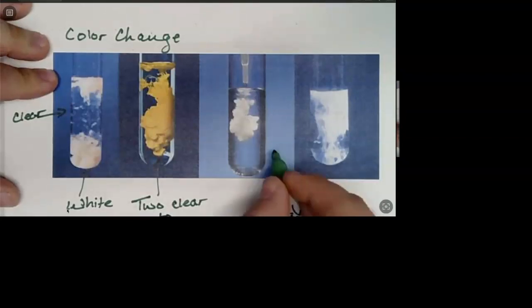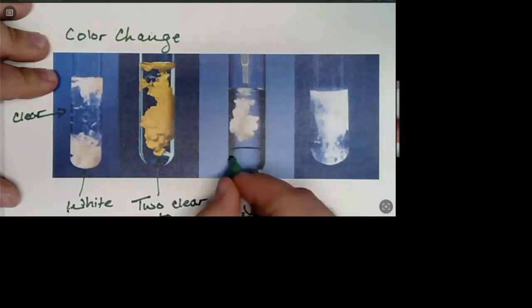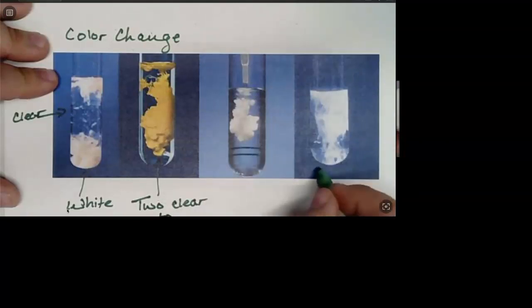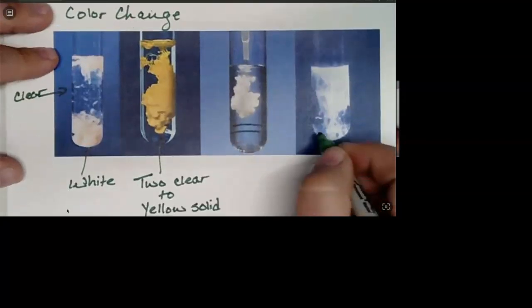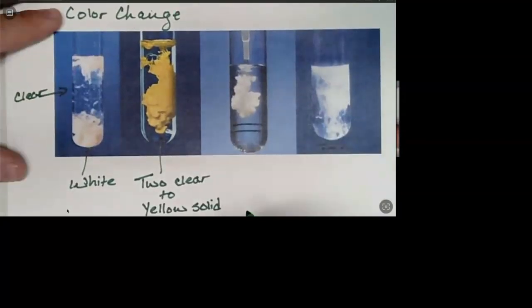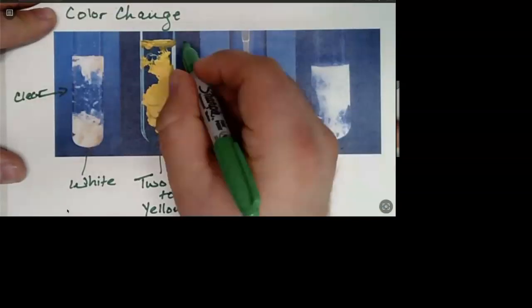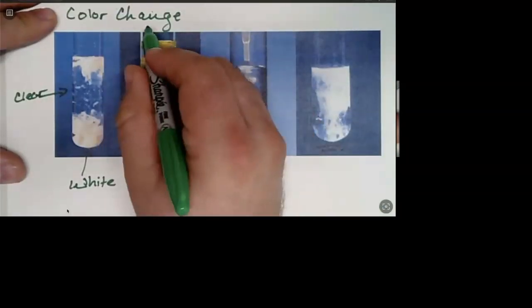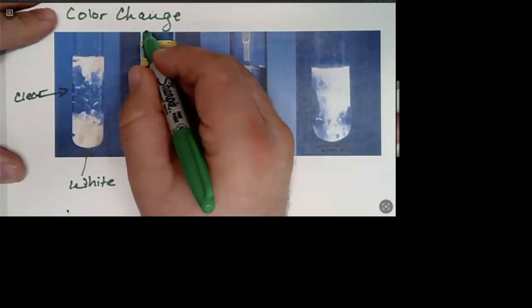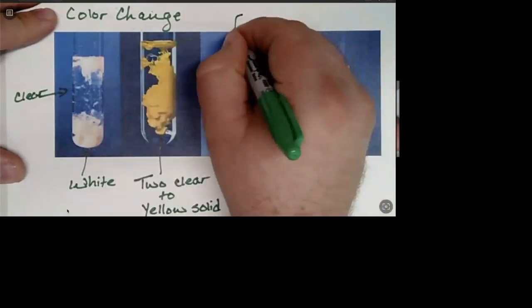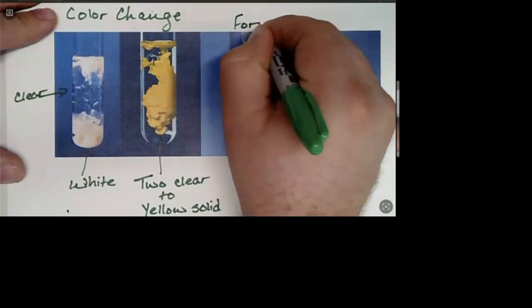These cloud-looking things are actually solids floating in liquid. So color change is one form of a chemical reaction, and the formation of a solid is another.